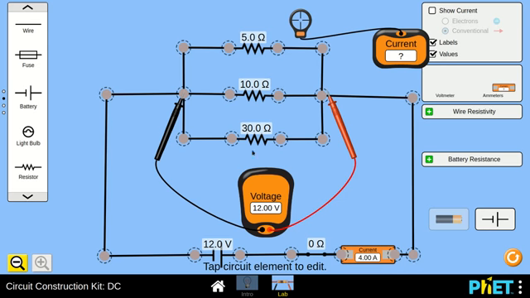That is, the current at this point is 4 ampere, which is getting distributed to the three different resistors, and after it comes out from here, again it sums up to 4 ampere.